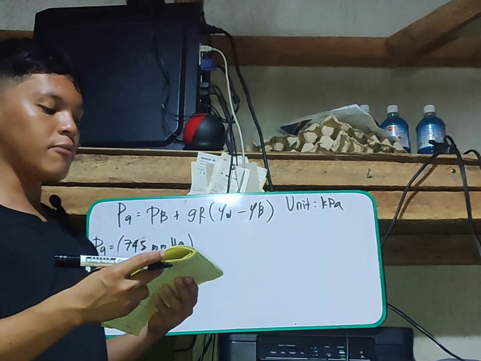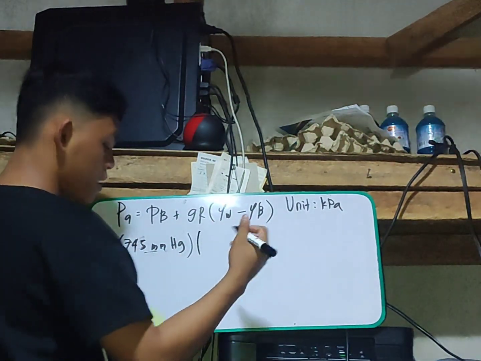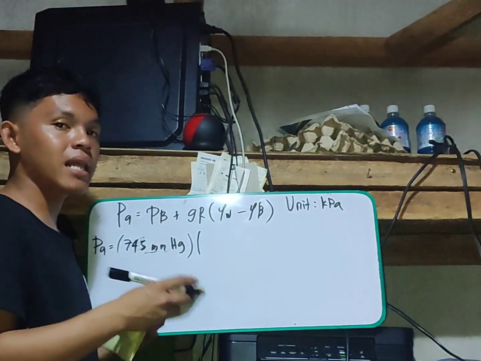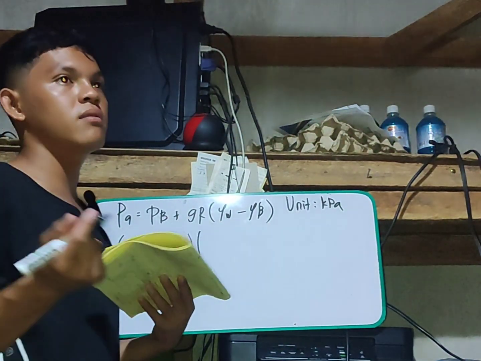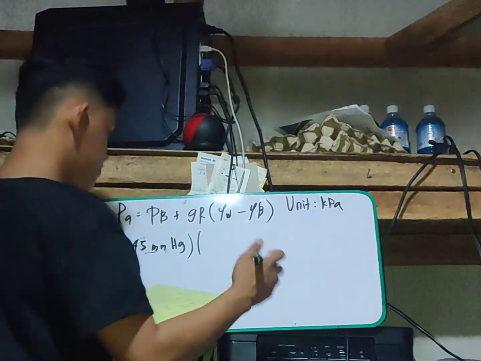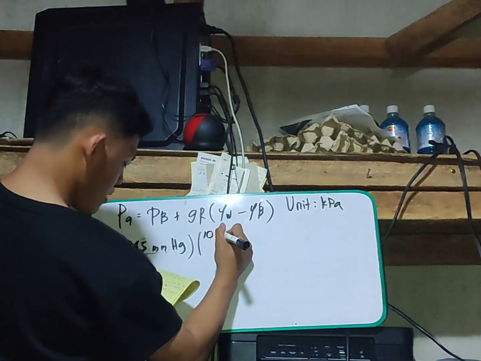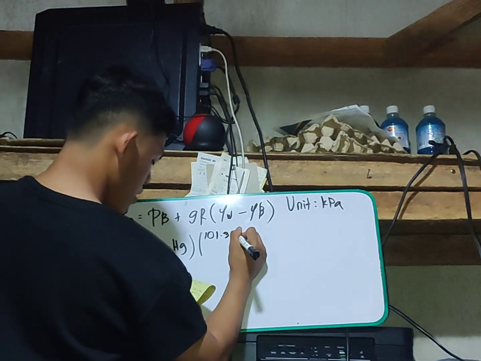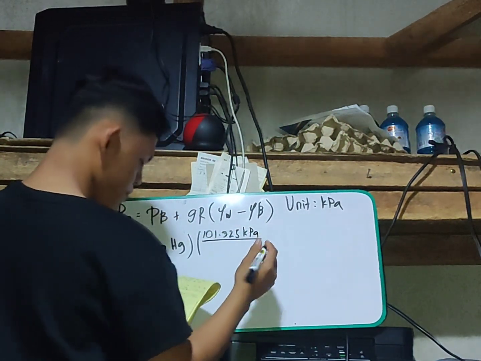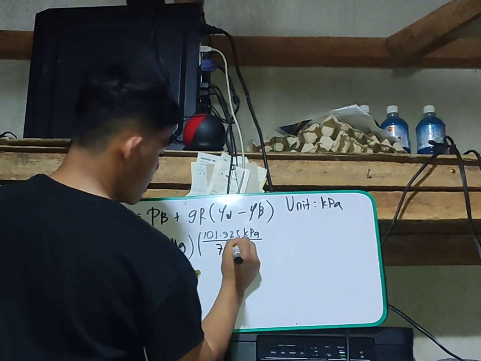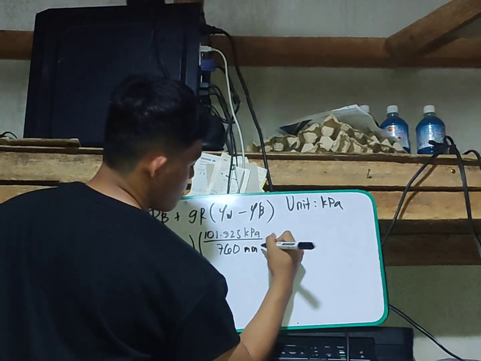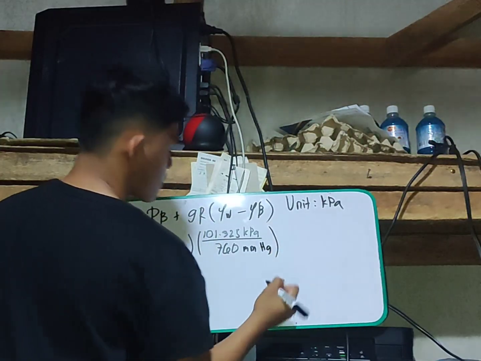Convert natin siya into kilopascals using this. Kapag ang binigay nila yung mga expert in fluid mechanics is ito: 101.325 kilopascal over 760 mm mercury.